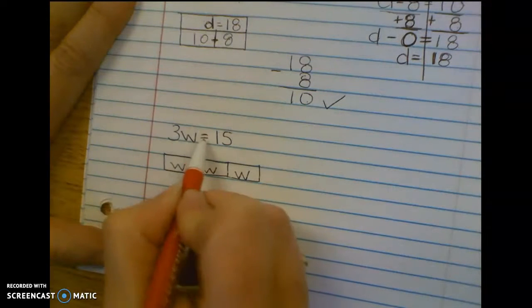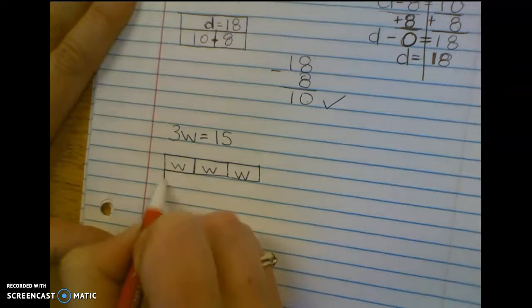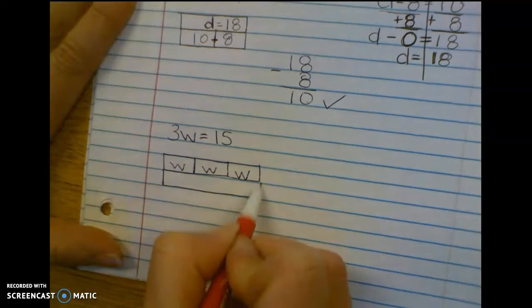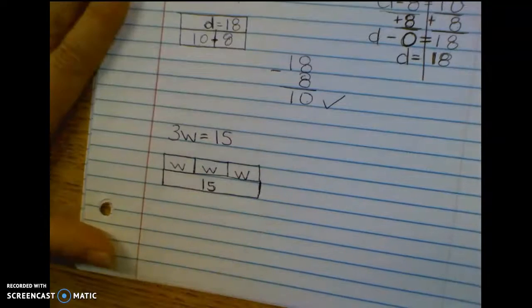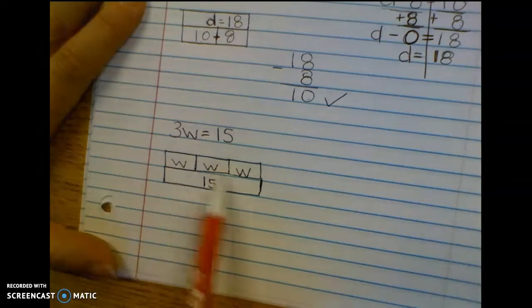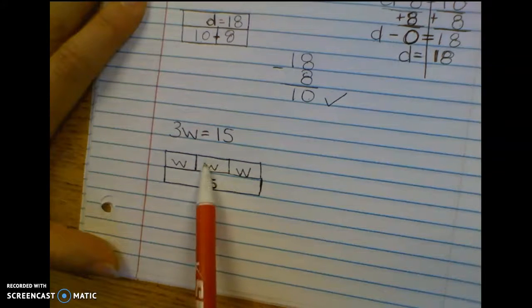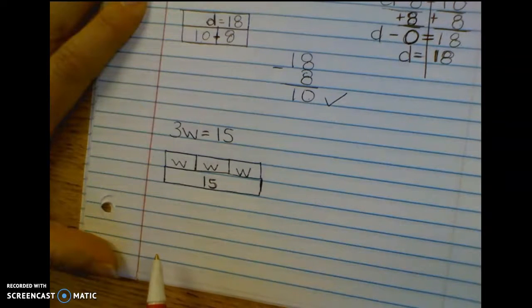Is the same as, is equal to, so we're going to do this is the same as 15. So now, how can I figure out what's in each of these boxes? Well, I need to take this 15 and split it evenly between these three boxes.